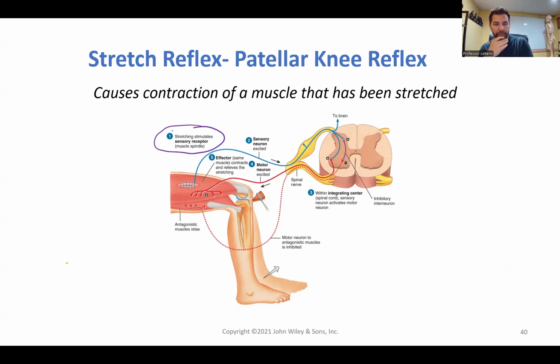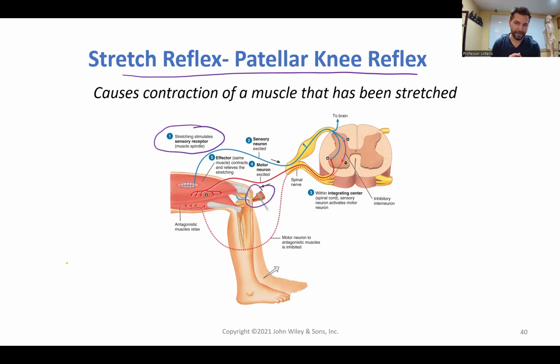Specifically in this scenario, because this is the patellar knee reflex, this is a stretch reflex. It is a stretch reflex because it's using a specific receptor and there's a specific stimulus. So how do you do this? You are sitting there, your legs are hanging, they take a hammer, they tap right here where we see that patellar ligament.